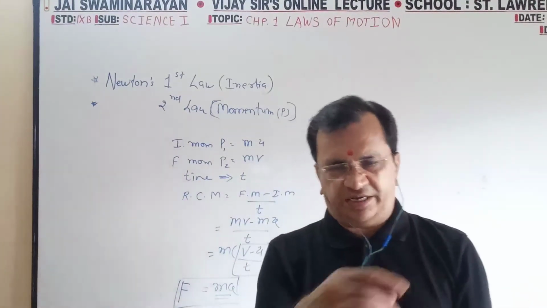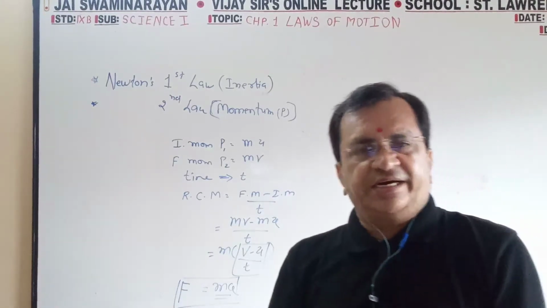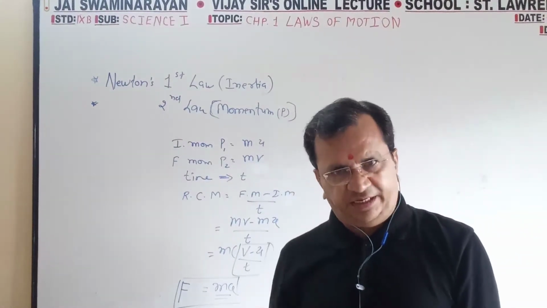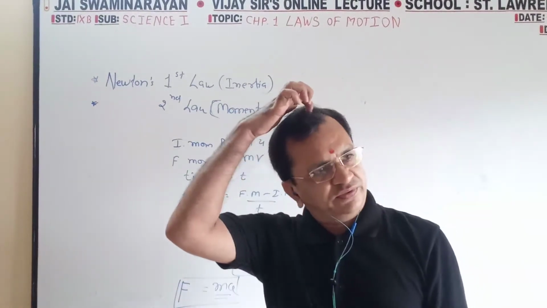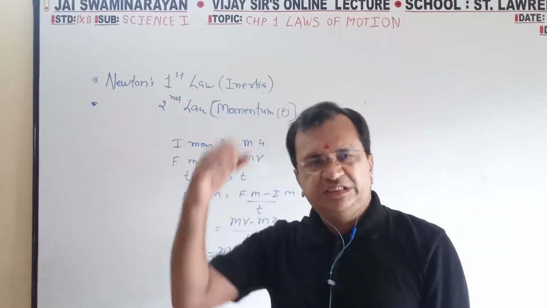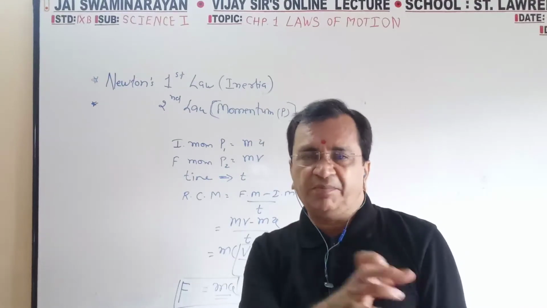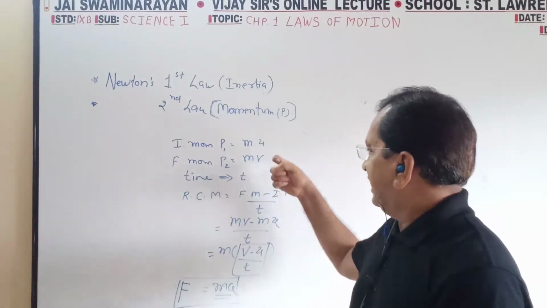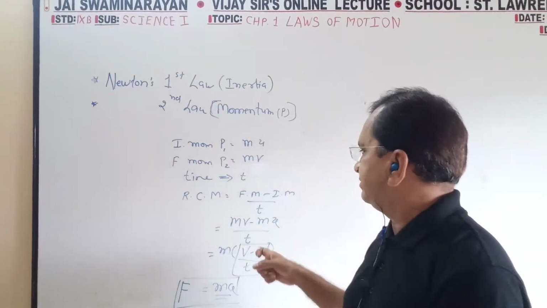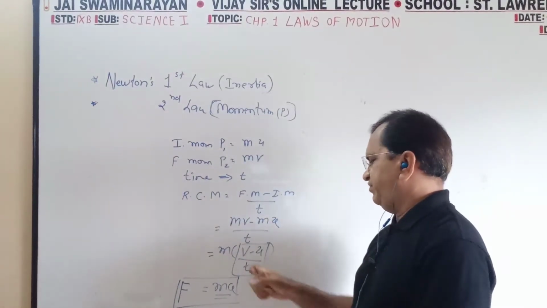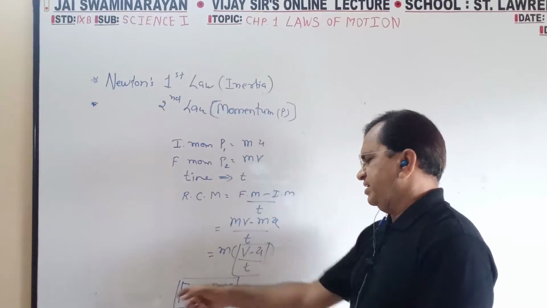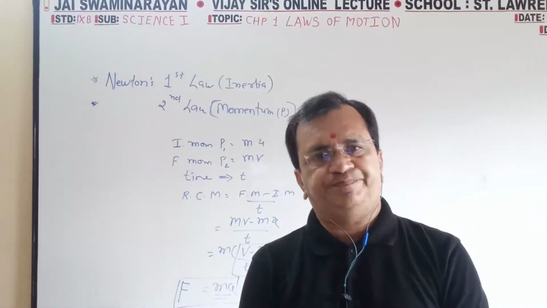How did we get this? Again, rate of change of momentum. Rate means per time. Change of momentum is final momentum minus initial momentum, (mv minus mu) divided by t. Taking m common, (v minus u) by t, and (v minus u) by t is a.